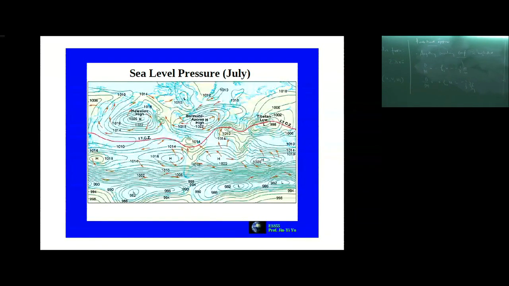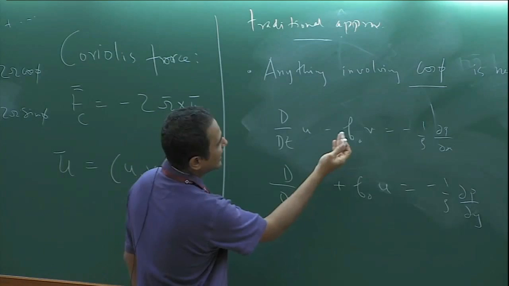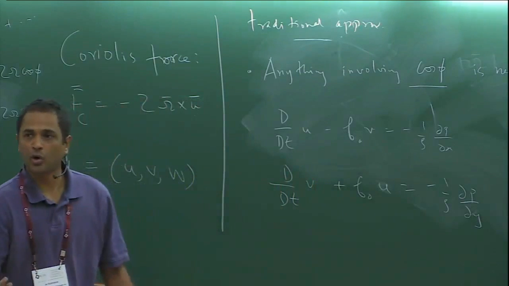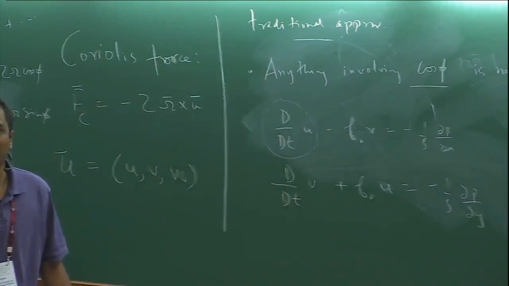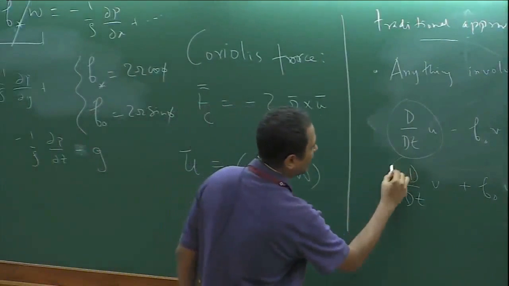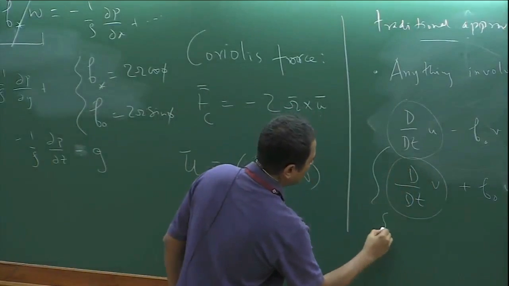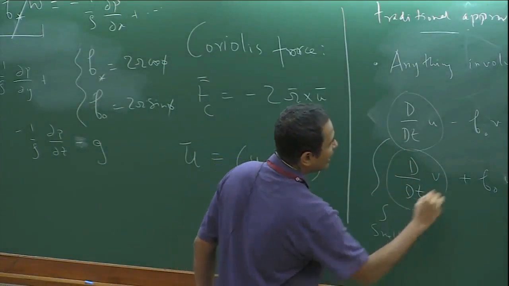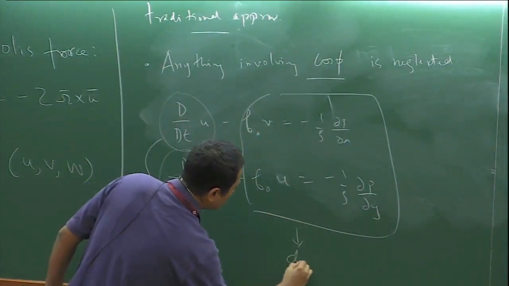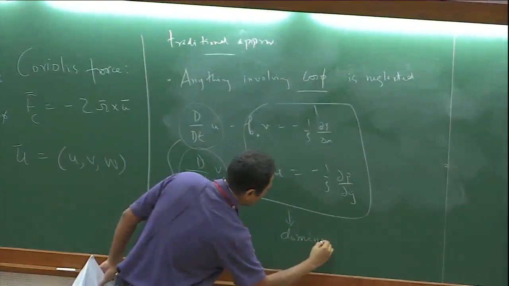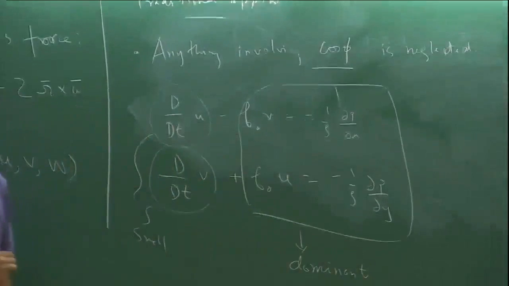So now you ask the question that, okay, let us say that the effect of the Coriolis force is strong. Strong meaning it's going to be strong compared to the convective acceleration of the fluid. So you say that these two terms are small, and the balance is basically the dominant balance is right here.